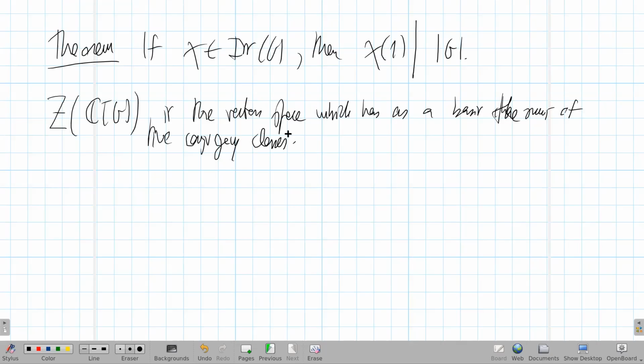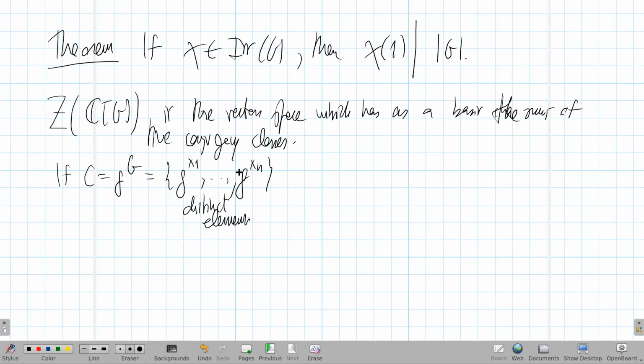So a basis of this vector space, the center of the complex algebra, has these sums as a basis. So recall that if C is the conjugacy class of the element little g, and this is x1, through xn, say distinct elements.